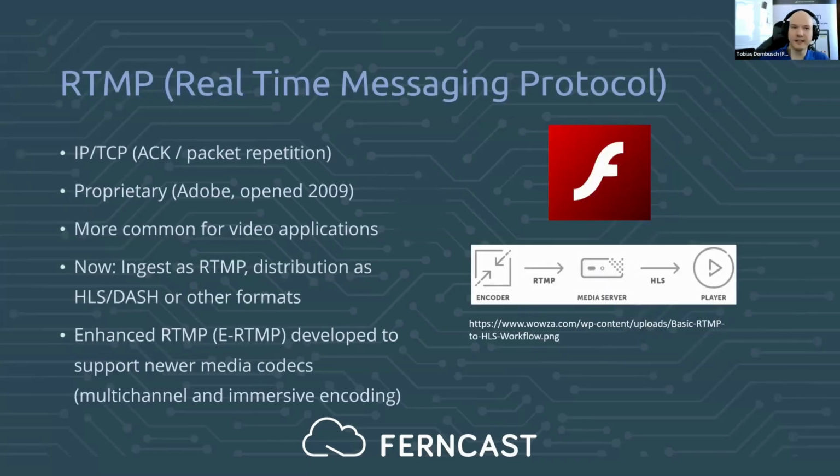Then we also have RTMP, though this one is, especially nowadays, hardly used in audio-only streaming. It still finds a decent bit of use in video, especially, which makes sense because it came originally from Adobe for Flash Player specifically.